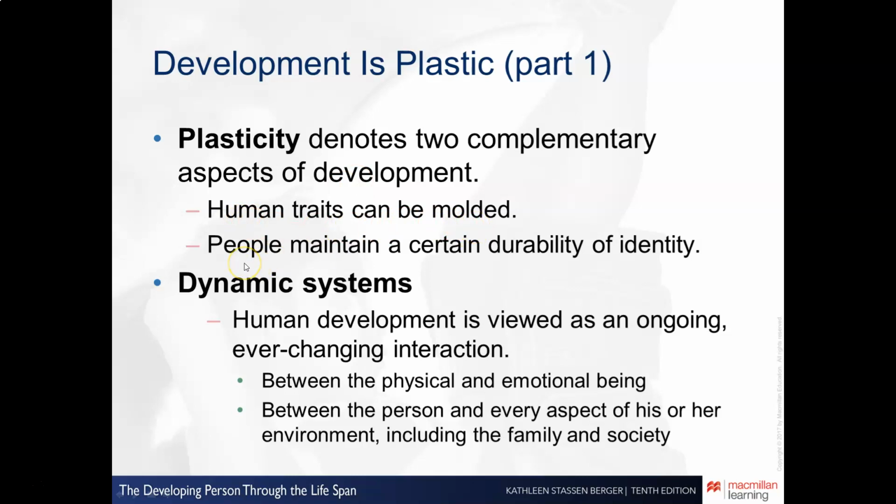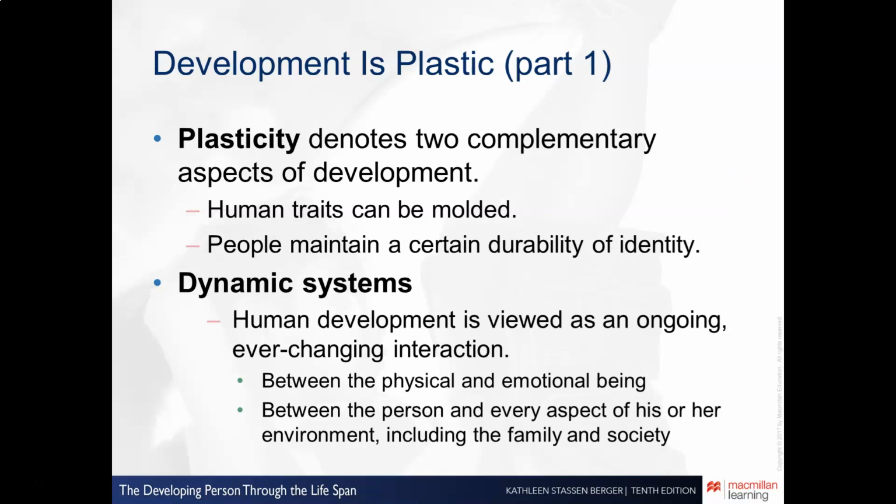And second, people maintain a certain durability of identity. So even though their traits can be molded, they may still maintain a certain durability of their identity, a kind of plastic strength. That's all we really need to know on this slide.